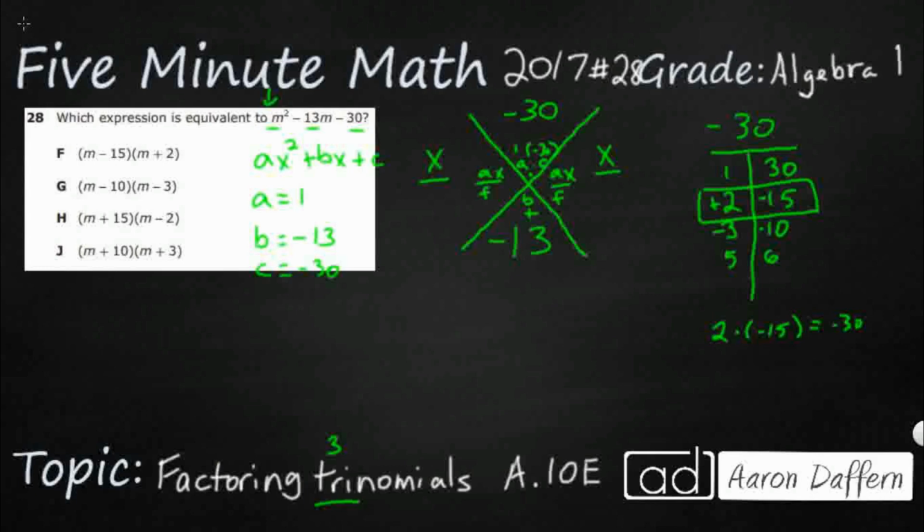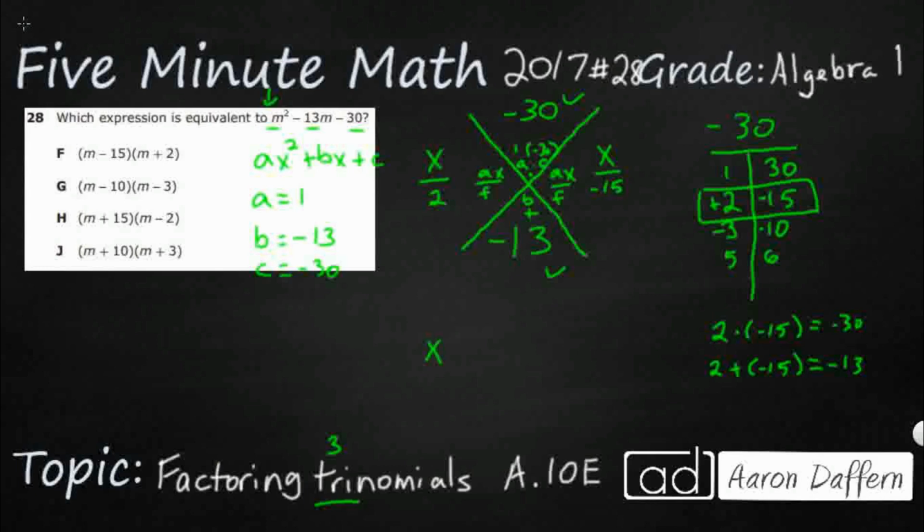That's what I want. And then 2 plus negative 15, or 2 minus 15, whatever, it's going to get you negative 13. That's what I want, which means these are my two factors, so I'm going to put them down here. I'm going to put a 2 right here, I'm going to put a negative 15 right here.